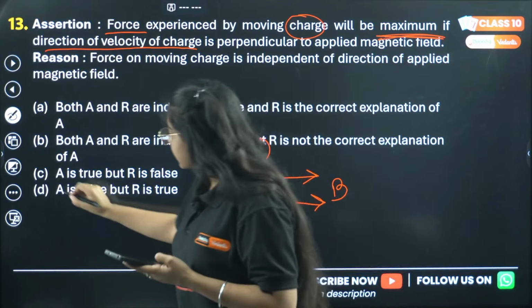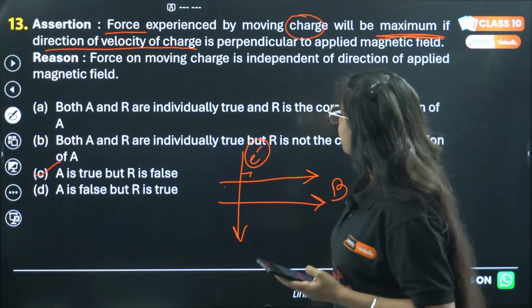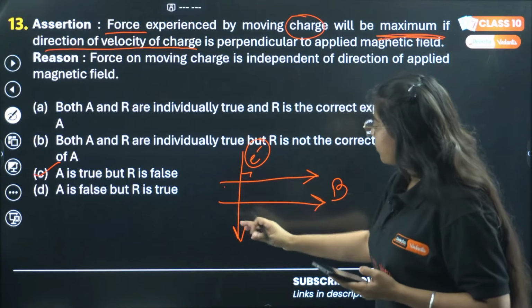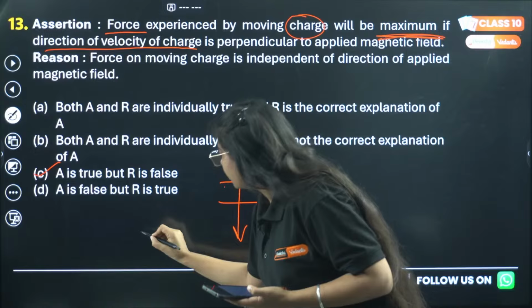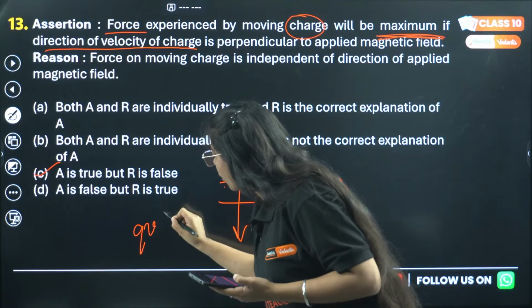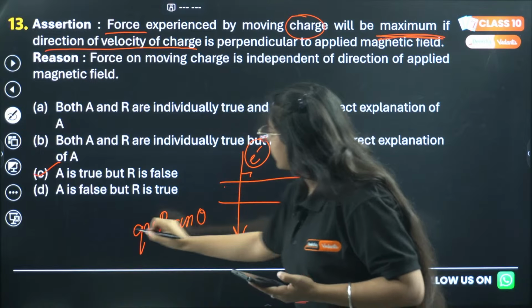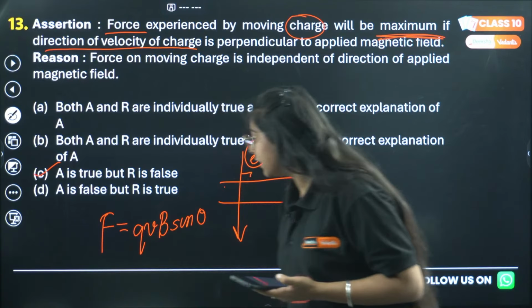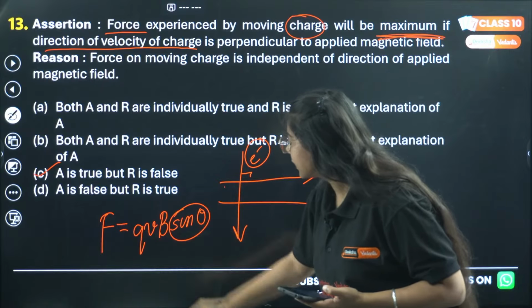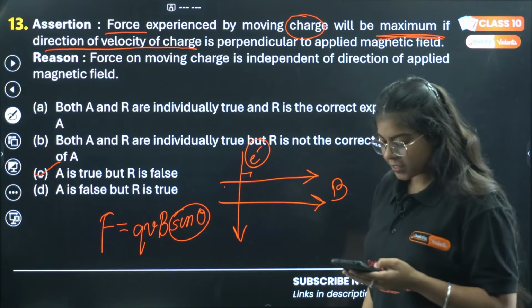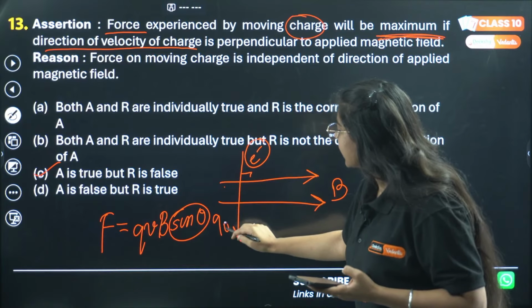Okay, C is the answer. The assertion is correct. Maybe you have learned this formula, maybe not. The formula for the force on a charged particle in a magnetic field is QVB sine theta. Sine theta, as you learned in mathematics, is maximum for 90 degrees.